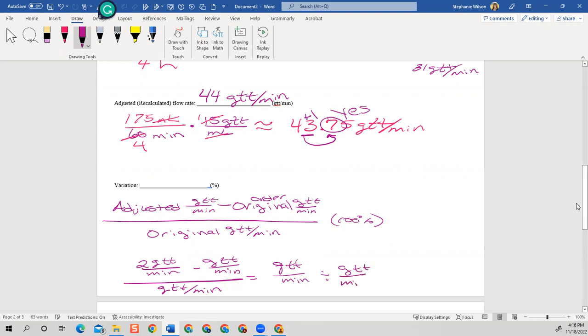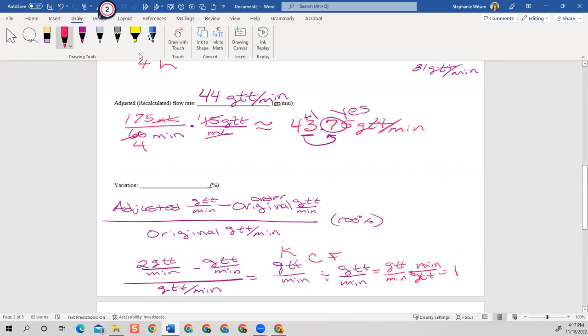Well, whenever we divide fractions, we have this rule. It's called keep the first, change the operation, and flip the second. So when we do that, now I got drops over minute times minute over drops, which reduces down to 1. 1 times whatever number we got.